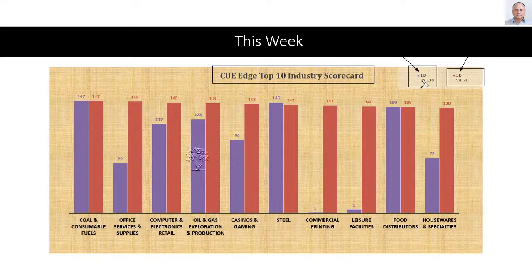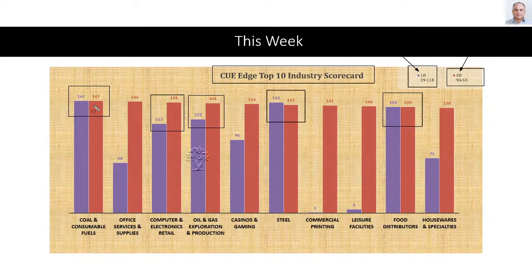Maybe percentage wise it declined, but it retained its score over 1 day, that is Friday. And I found steel, I found food distributors, you may also say of course coal and consumable fuels, computer and electronics retail, oil and gas exploration, to some extent casinos and gaming.